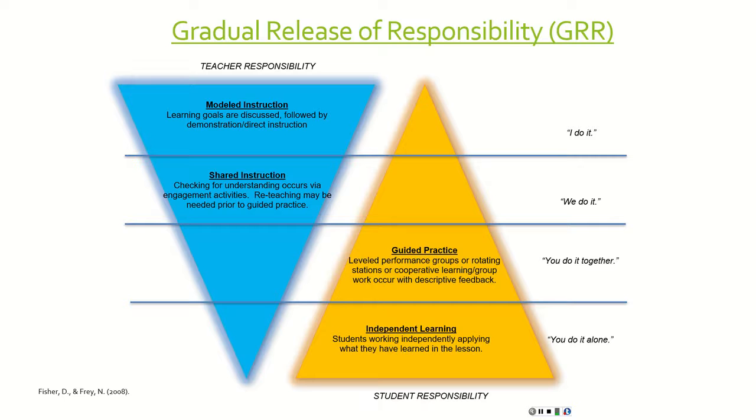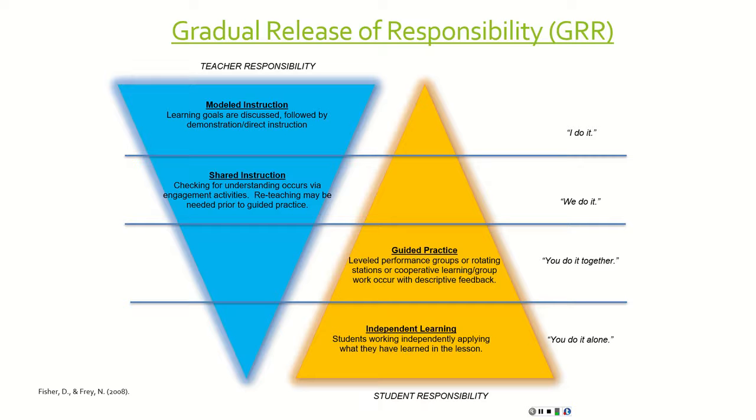And then we gradually pass on the responsibility to the students for them to learn the content through guided practice and independent learning. A really easy way to remember this is: I do it, we do it, you do it together, you do it alone. The I do it is when the teacher is starting off the lesson and they provide the learning goals, and then they demonstrate or model the instruction.